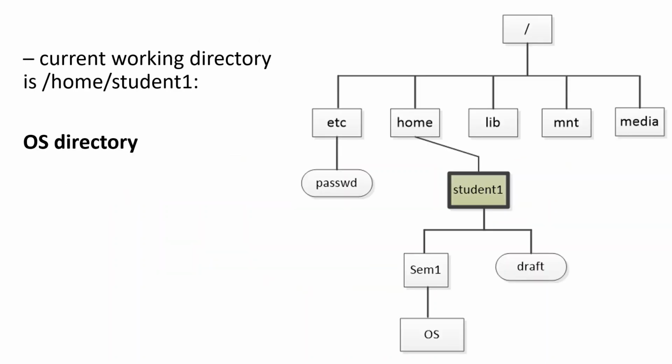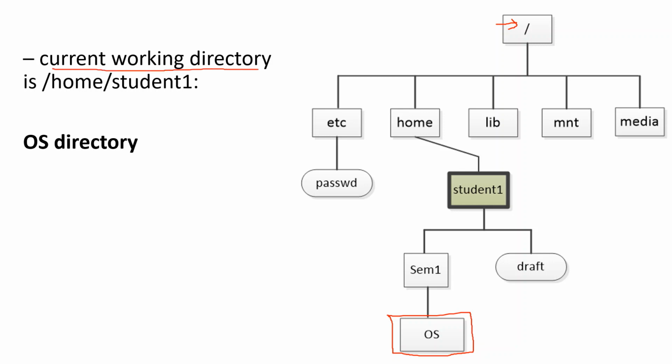Okay, so the first example, using the same directory, which is OS. In relative path, you need to identify where you are now. Compared with the absolute, where we start from root, now we are not starting from there. We are locating the file depending on the current working directory.